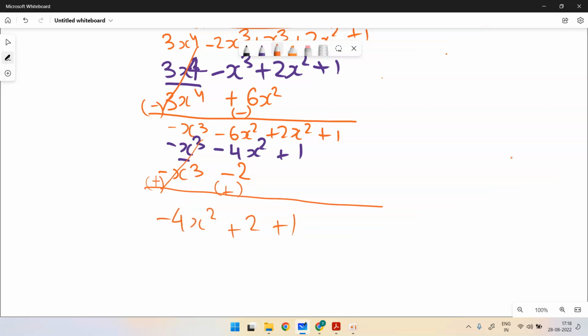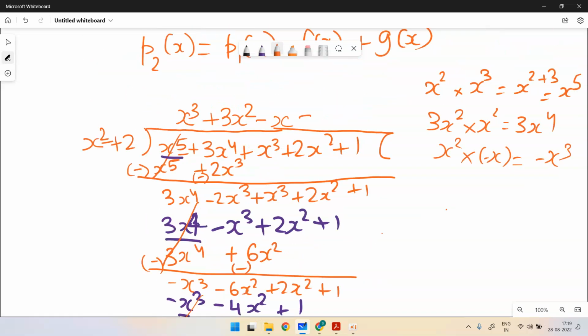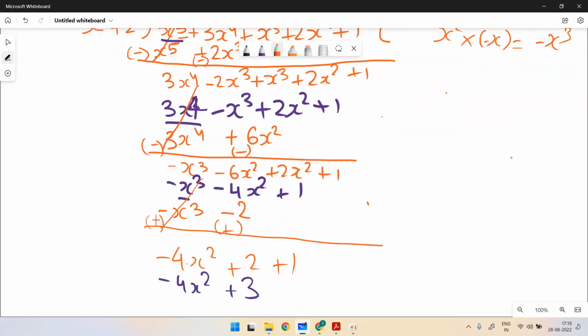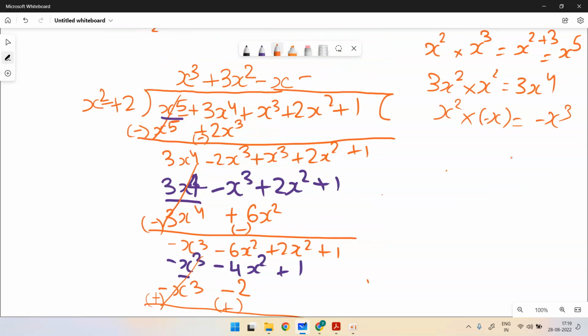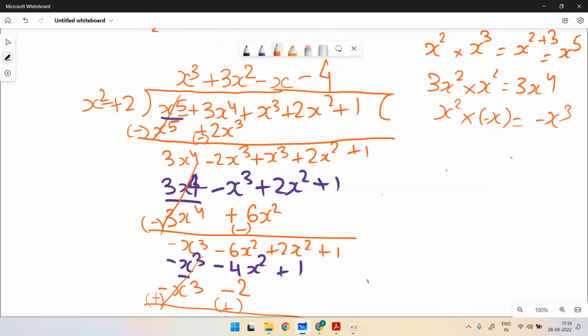If you solve again, this will be minus 4x square plus 3, and to get minus 4x square from x square you need to multiply by minus 4, right? Minus 4. It will give you minus 4x square, and minus 4 times 2 is minus 8.